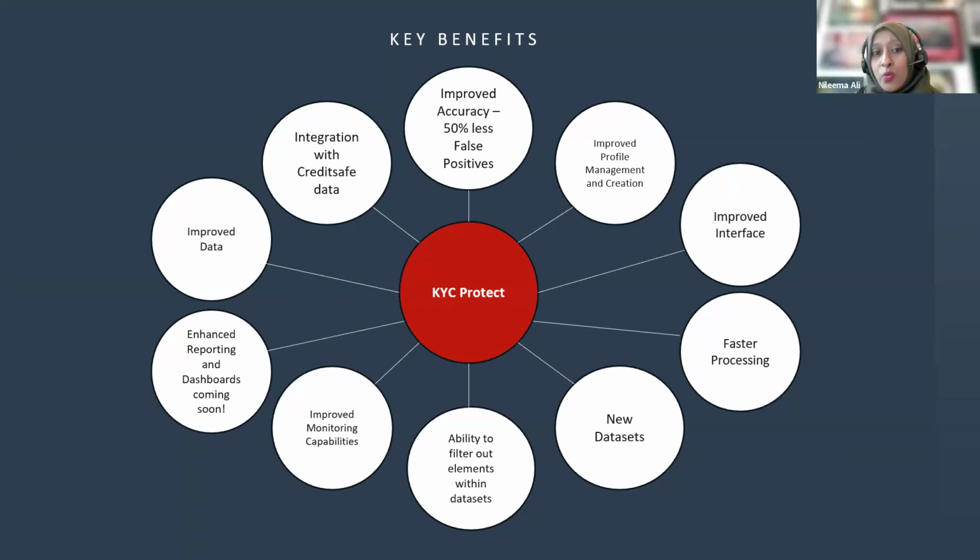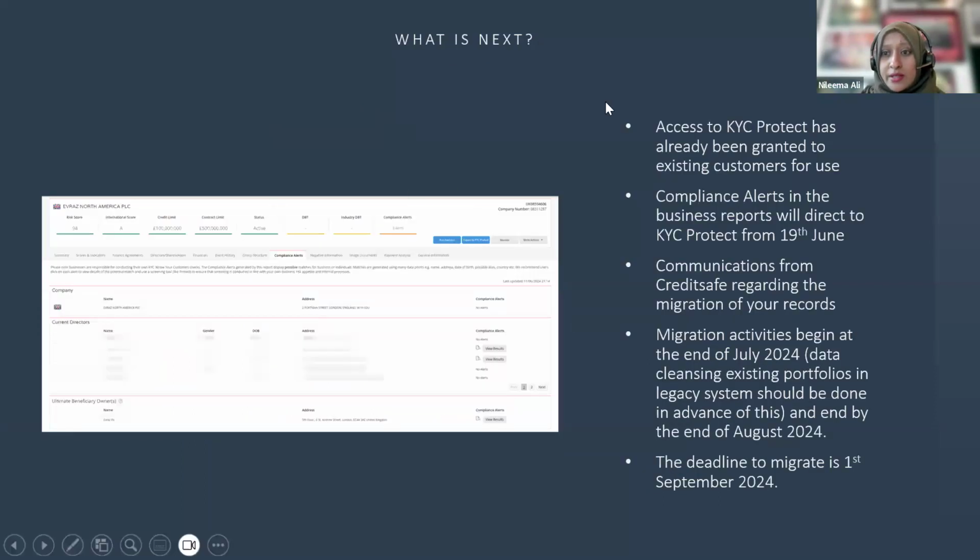And of course, within this year, we are going to be introducing enhanced reporting and a dashboard within the platform as well. So you will be able to see aggregations of where your portfolio sets, the risk within that portfolio, and open items, pending items with individuals, that sort of thing, and have made a lot of improvements in the data as well. So what's next?